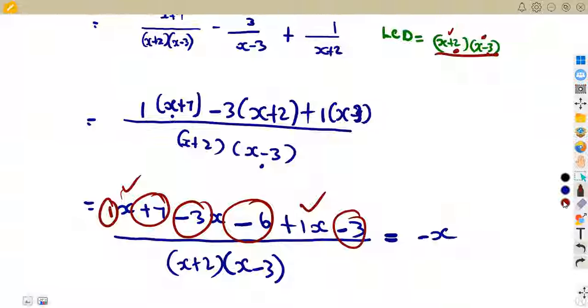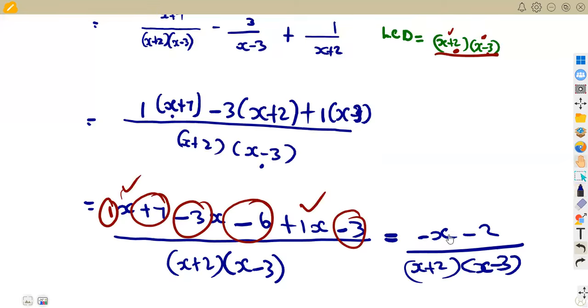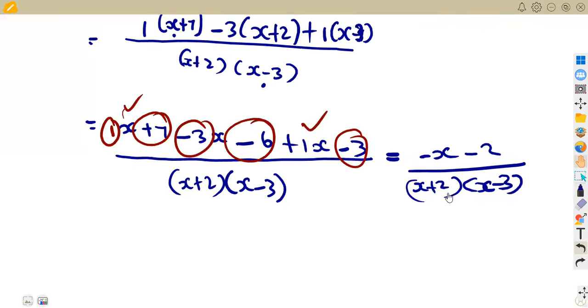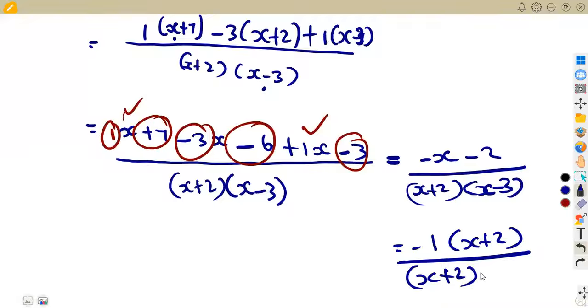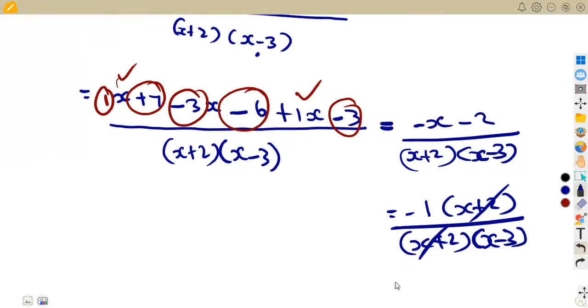So you have a minus 2 over x plus 2 into x minus 3, the same answer as the previous question. We can factor out a negative because it's common, so we have negative, x plus 2, everything over x plus 2 into the bracket of x minus 3. This will cancel, and we remain with negative 1 on top, so it's negative 1 over x minus 3.